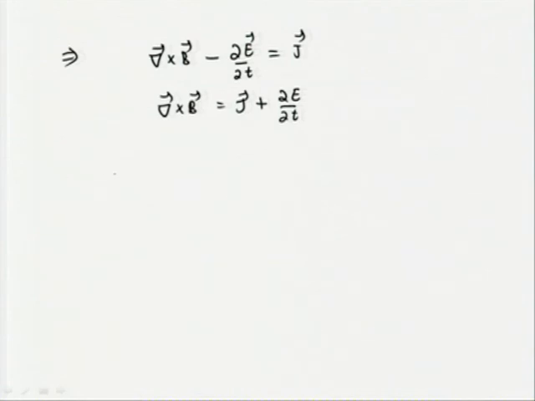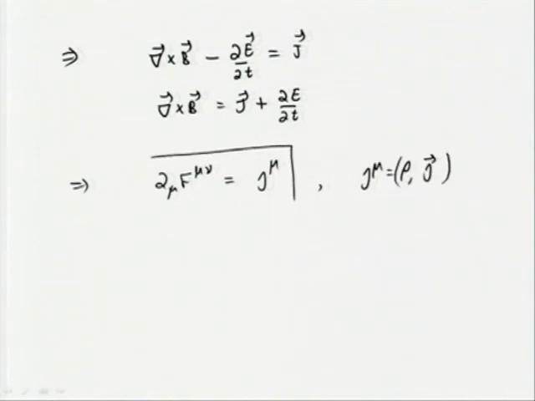So ∂_μ F^{μν}: the 0th component gave us ρ, and the other components gave us J. So this, with j^μ equal to (ρ, J), is a compact way of writing Maxwell's equations.